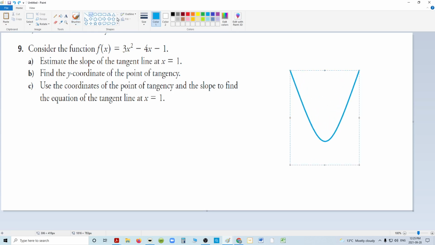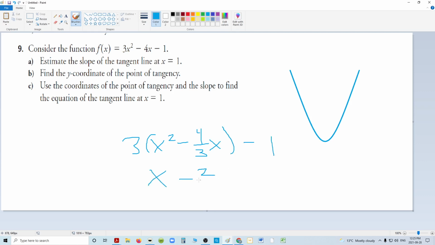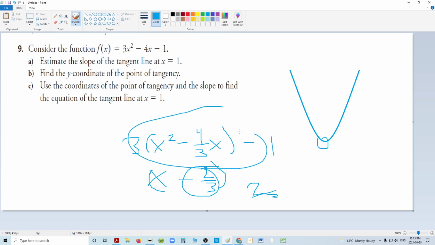You could also conceivably factor out the 3 and discover that the vertex x is going to be at 2/3 by completing the square.